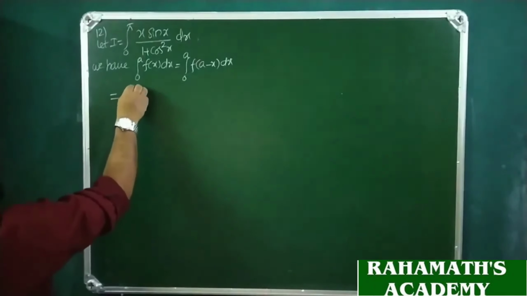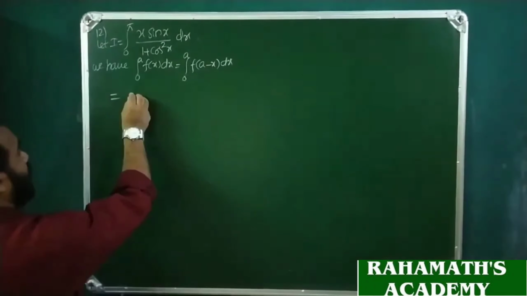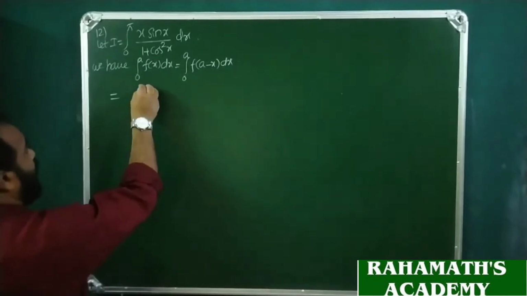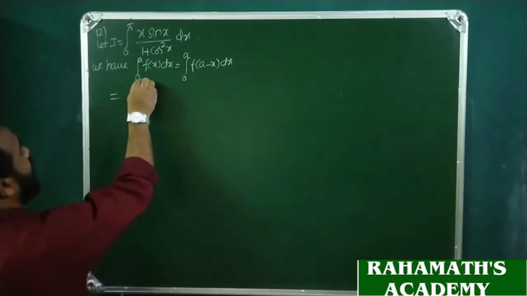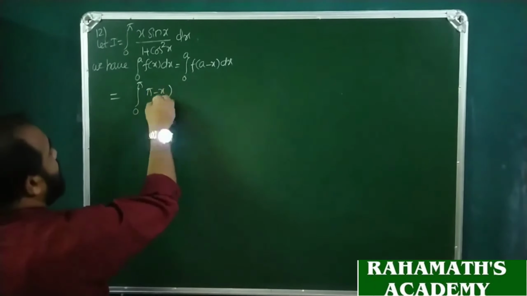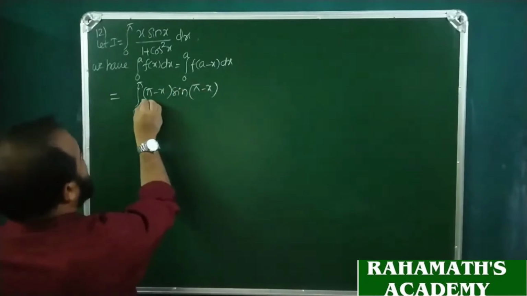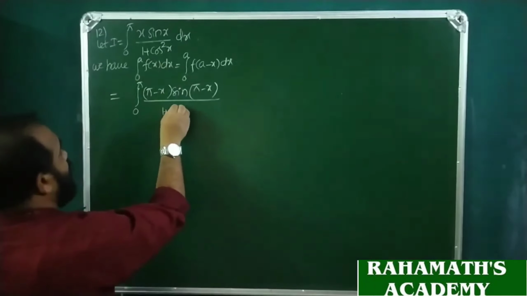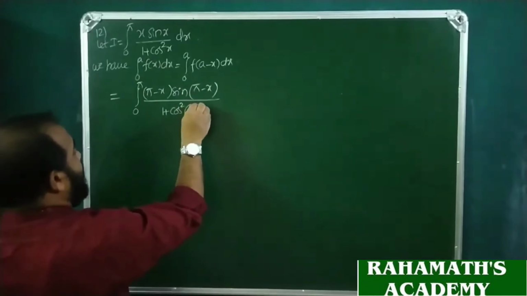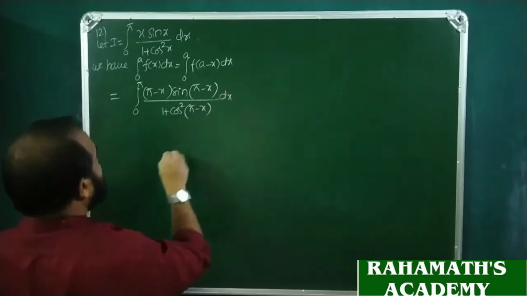So using this property, integral 0 to pi, this is equals to 0 to pi minus x sin pi minus x by 1 plus cos square pi minus x dx.